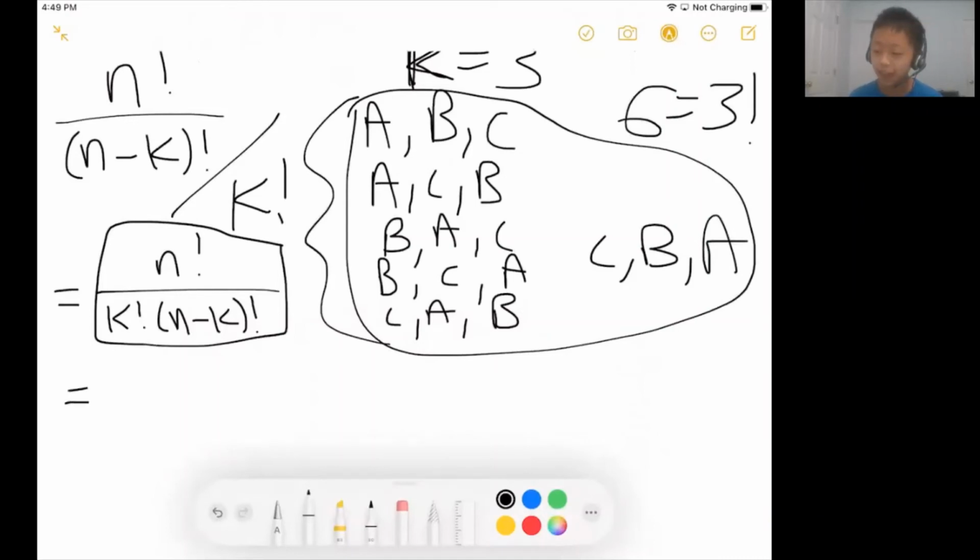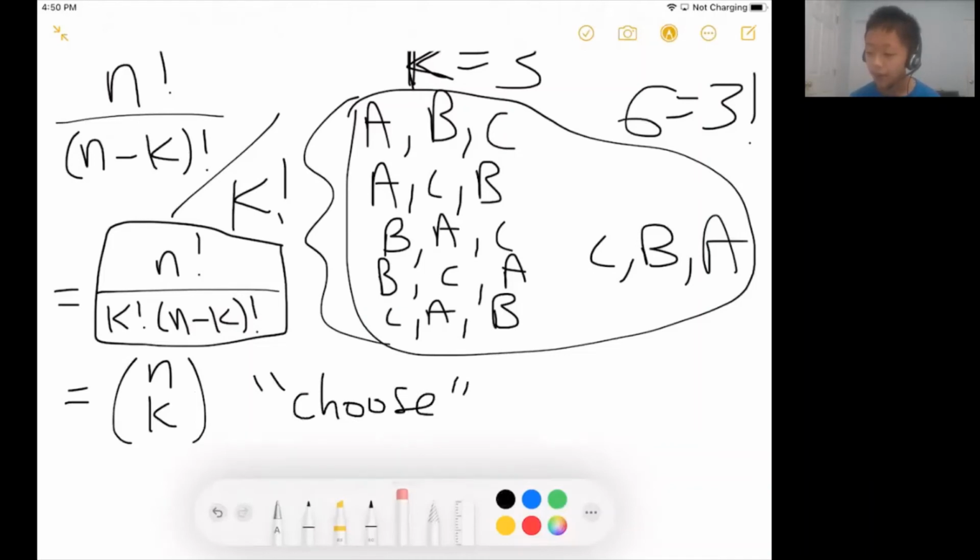We say this is n choose k. You write n on the top, k on the bottom, and you put parentheses around them. They're not really parentheses, but they kind of are. It's like a fraction without the fraction bar. You would read this as n choose k.